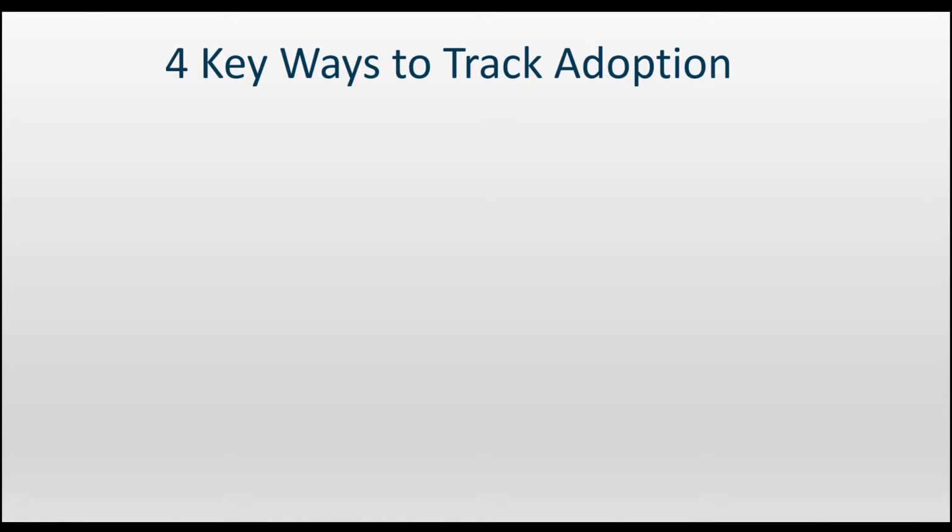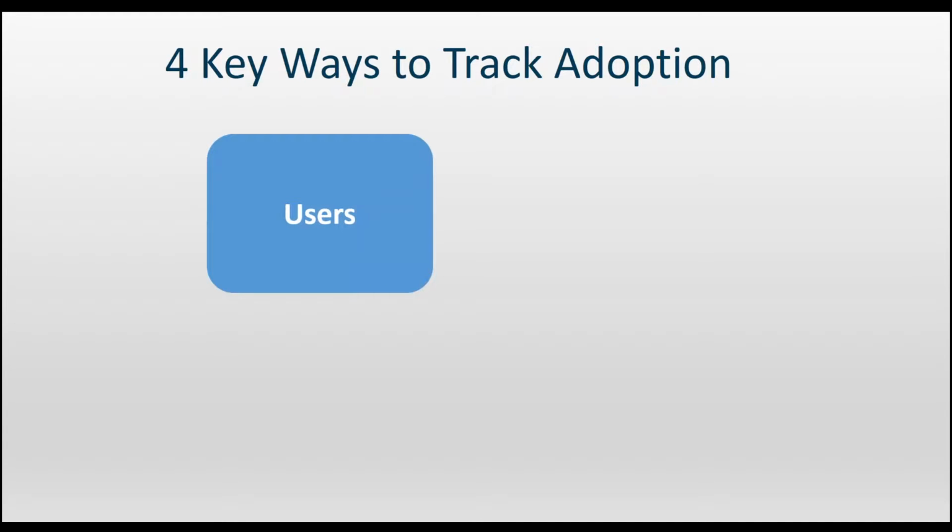So I'm going to break down tracking adoption a little bit more into some subcategories because it can sound a bit daunting at first. Tracking adoption, what does that really mean? So I'm going to focus on 4 key ways to track adoption and improve the portal. So the first category that I'll focus on is tracking basic usage activity and the users themselves.